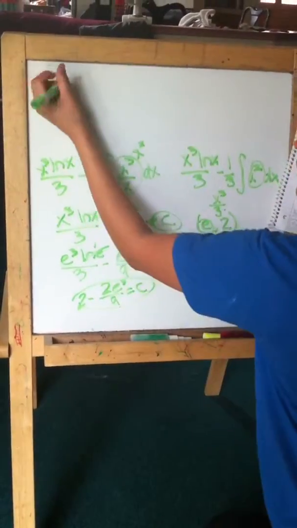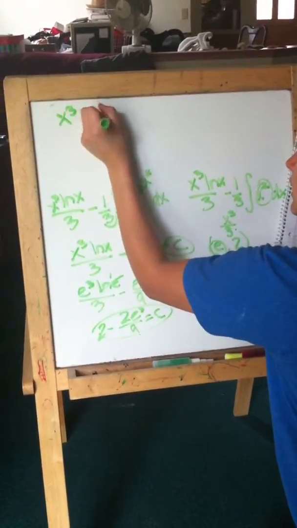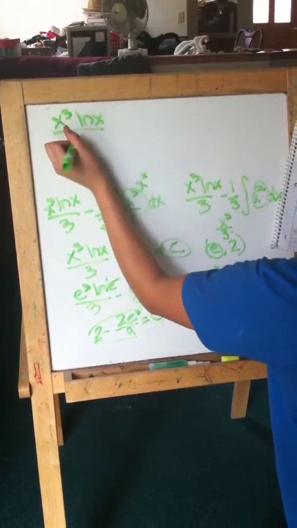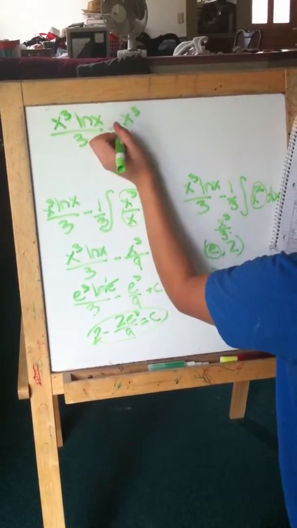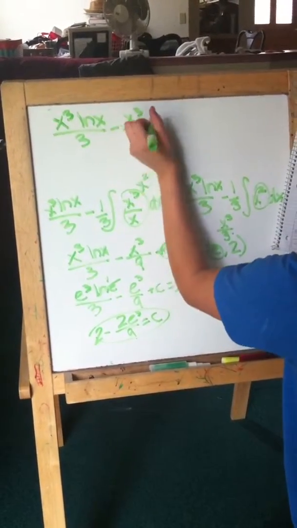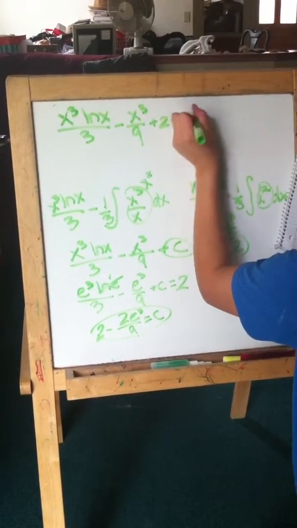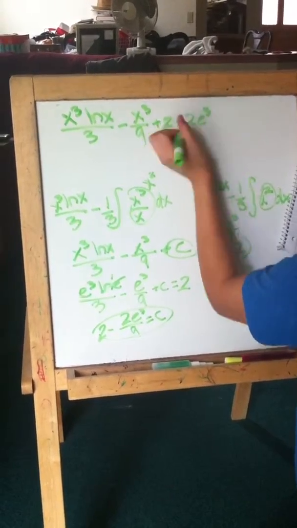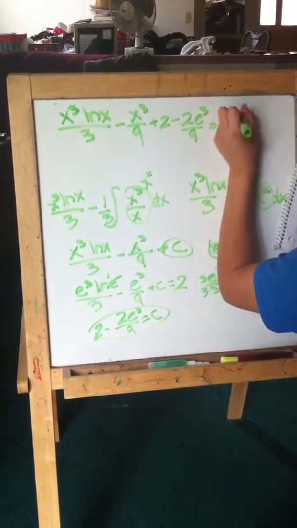So it becomes x cubed ln x over 3 minus x cubed over 9 plus 2 minus 2e cubed over 9, and that's your f of x.